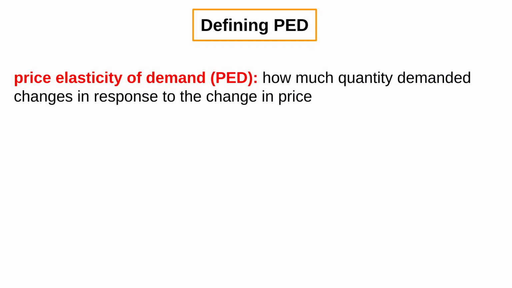So, for example, we know that when the price of a good increases, the quantity demanded will decrease, but by how much, right? That's what price elasticity of demand, or PED, is getting at: how much does quantity demanded change when there's a change in price.